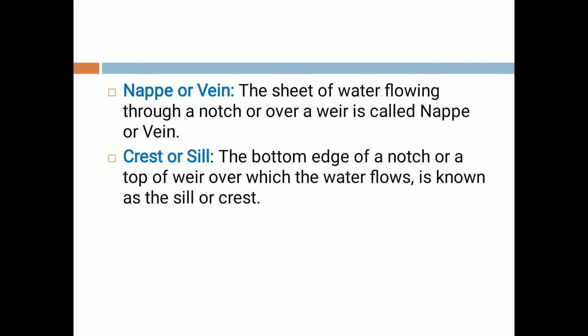And then crest or sill, that is the bottom edge of the notch or the top of the weir over which water flows. The nappe and crest are indicated by the figure which is given in the next slide. I will show you at that time.